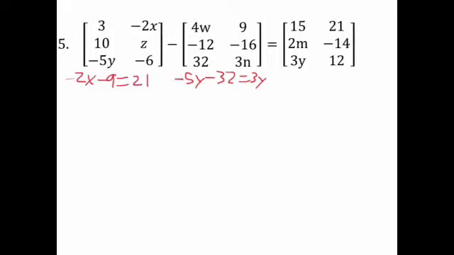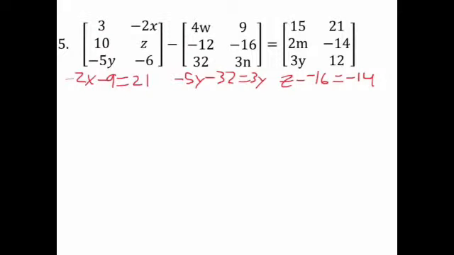And then I'm going to have an equation with the z, where I get z minus negative 16 equals negative 14. And then I'm going to have an equation with a w involved. 3 minus 4w is going to equal the 15 there.